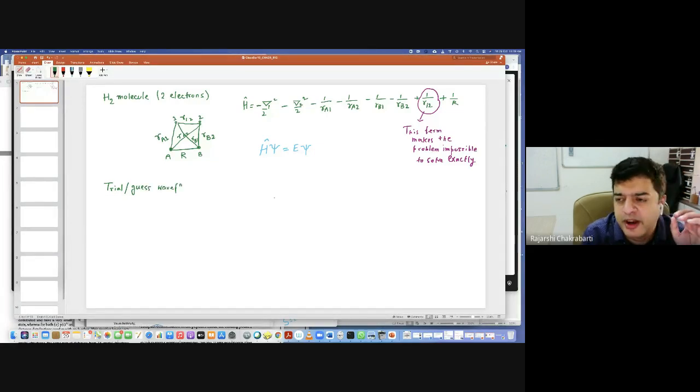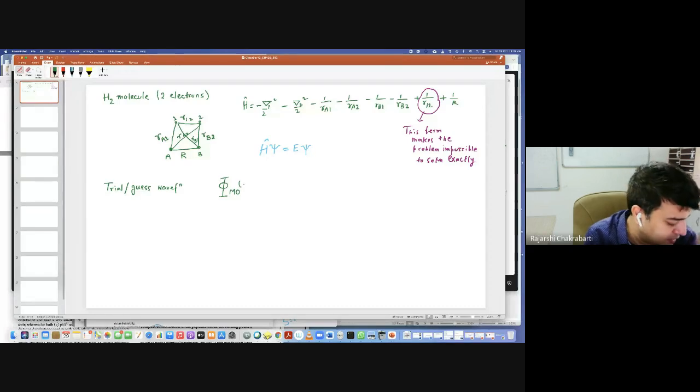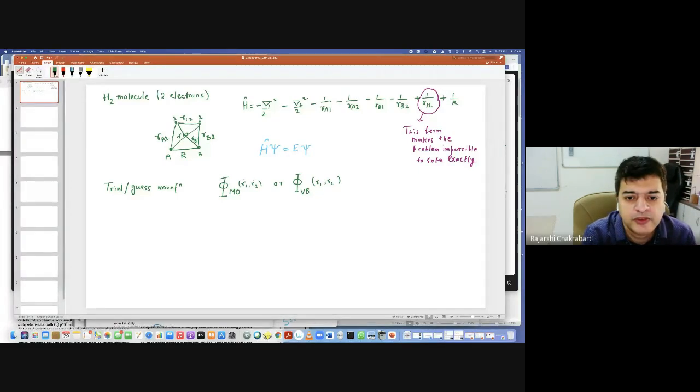For the hydrogen molecule, even for H2 plus, which we did, we can start with either this one, which is called the molecular orbital trial wave function, depends on the electronic coordinates of two electrons, or there is one more which is called valence bond description, which I'll explain. Is this clear? Is it clear that there are two possibilities?